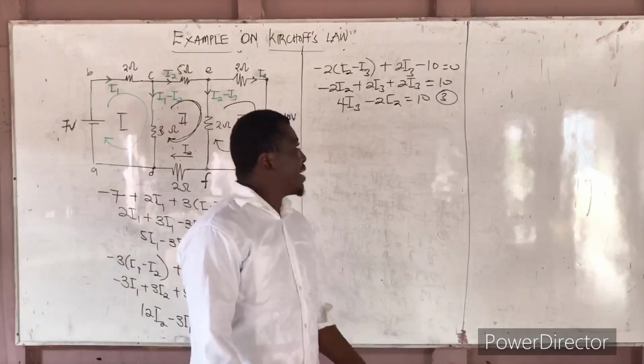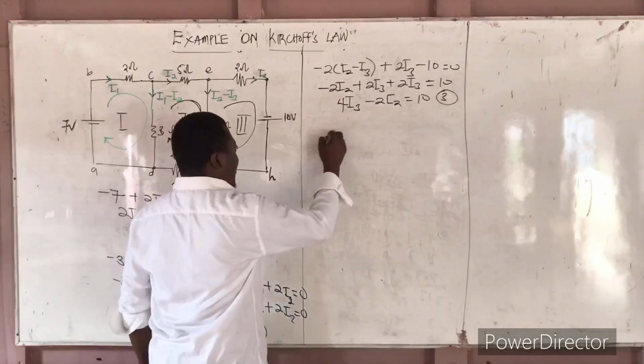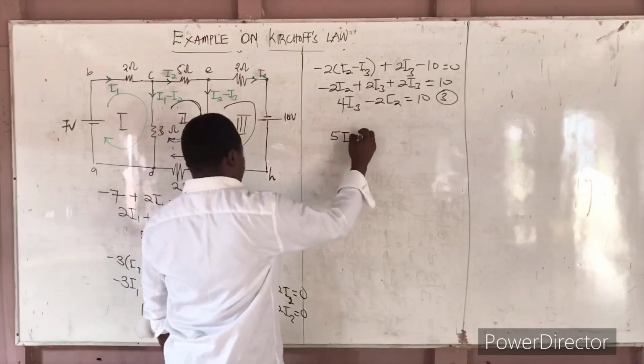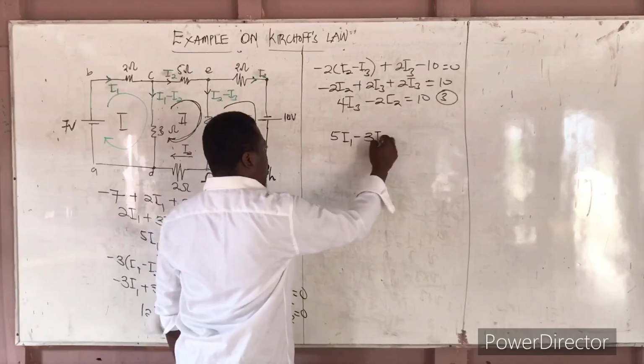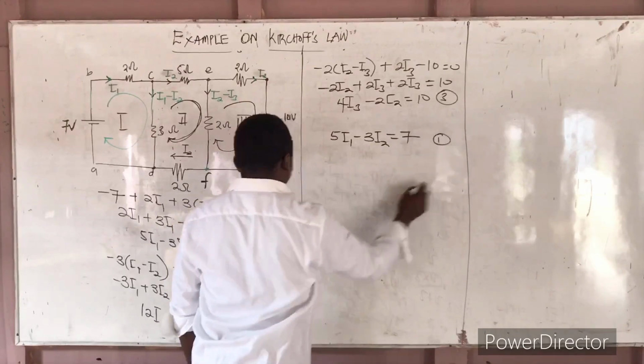After getting the 3 equations, which are 5I1 minus 3I2 is equal to 7, that's our equation 1.